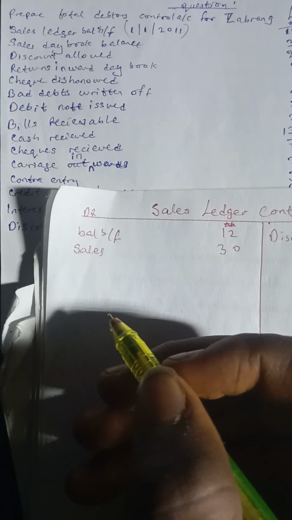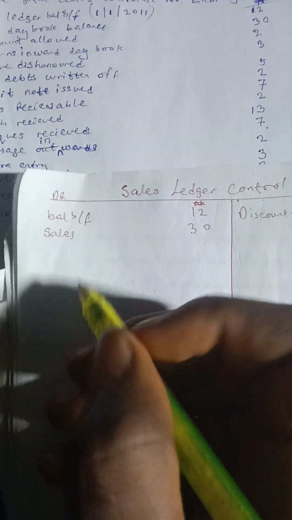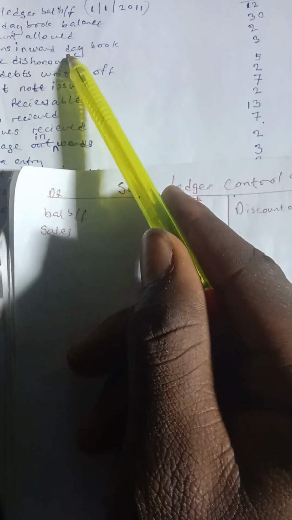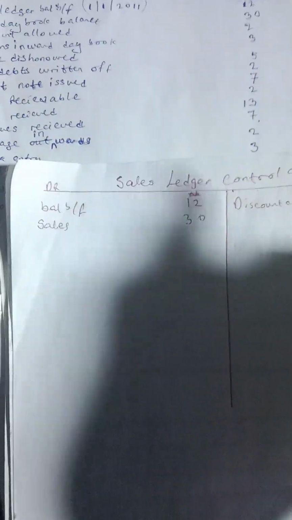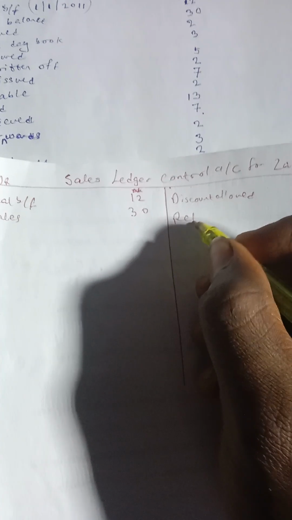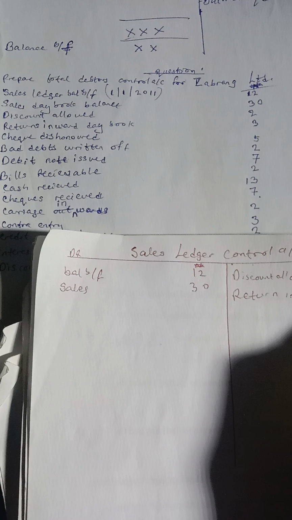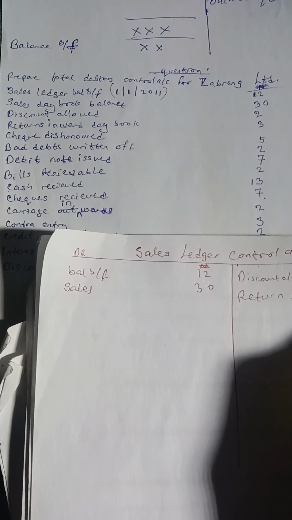Then we have the return inwards day book. The return inwards day book is a book that records return inwards, and return inwards reduce the debtor's indebtedness. We have it to be 3 naira.